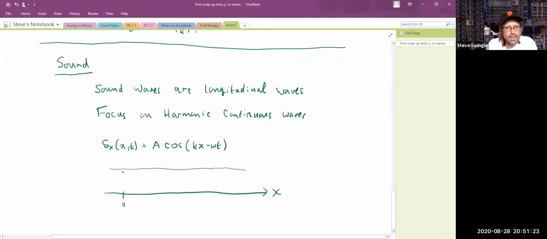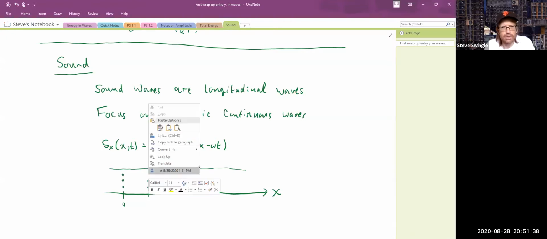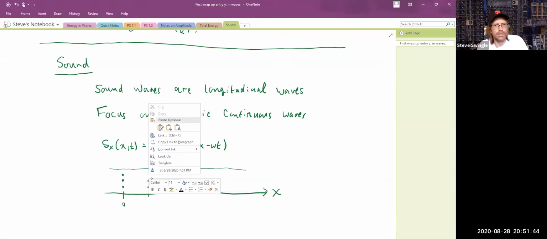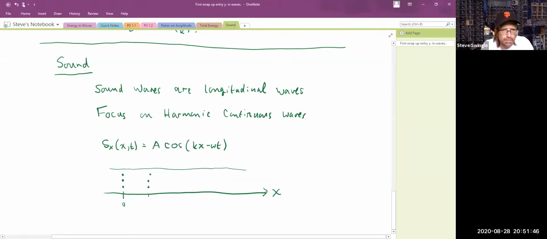So the idea is that you can imagine, we just draw 3 dots at a few different locations. Oops. This little button on the side of the pen is kind of sensitive.